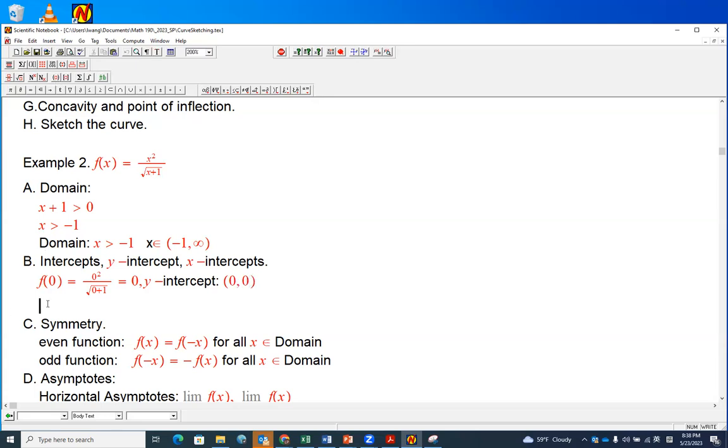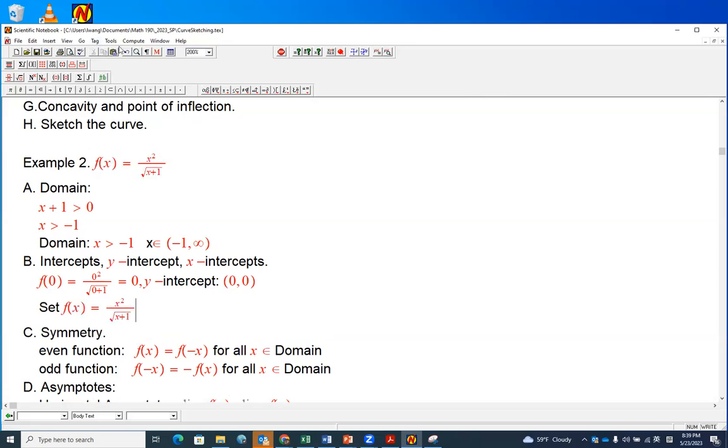And to find the x-intercept, we're going to set the function equal to 0. We set y equals 0. When we set the output equal to 0, we got x equals to 0. Because if x squared is 0, x is 0, right? So the numerator must be 0. As a result, x equals to 0.